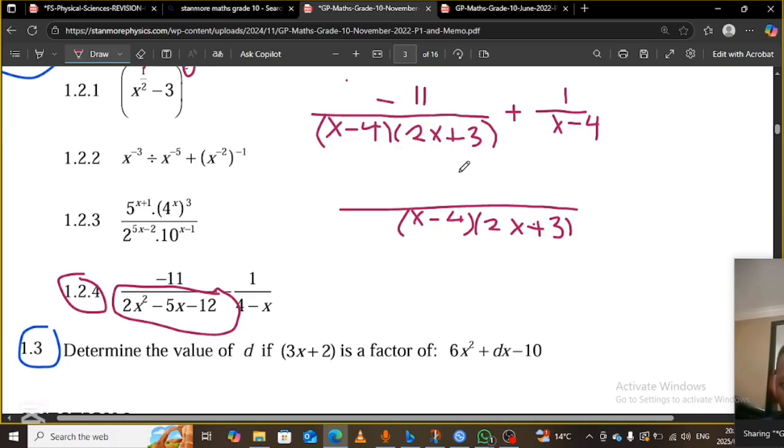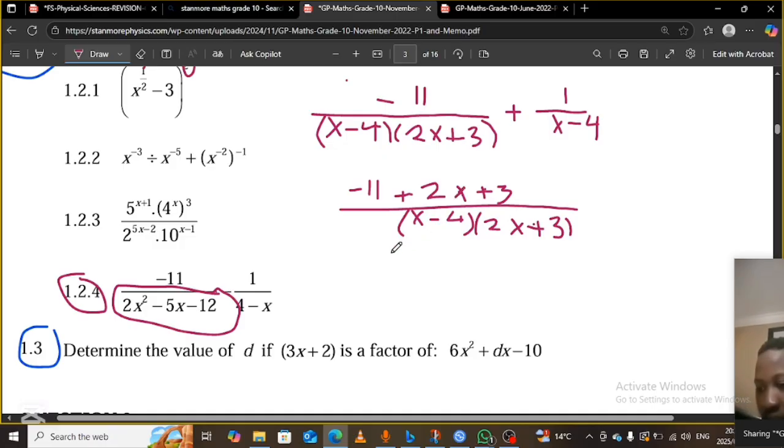And then obviously this one will divide this one, so negative 11, right? Yes. And this one will divide this one, so plus 2x plus 3, right? Yeah. What did you do from here? I want to hear from you.